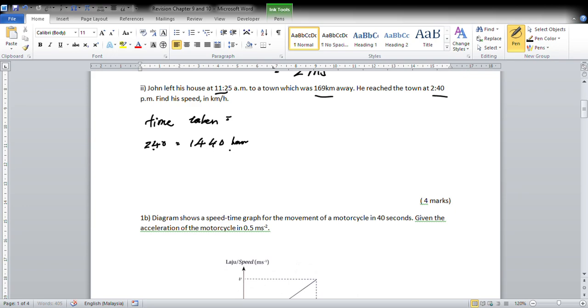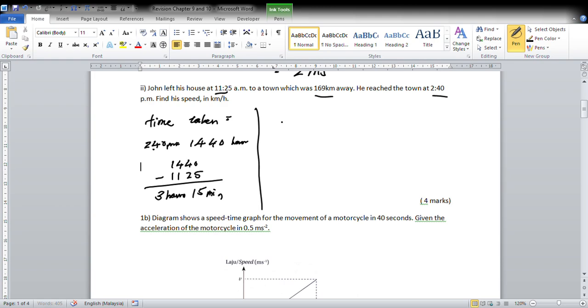So we're going to minus, to find the time taken: 1440 minus 11:25. It's equivalent to 3 hours and 15 minutes.